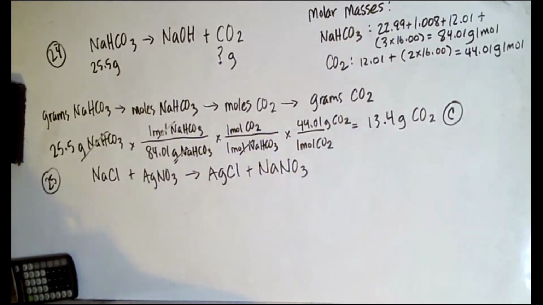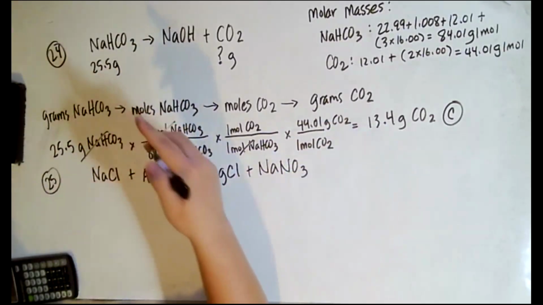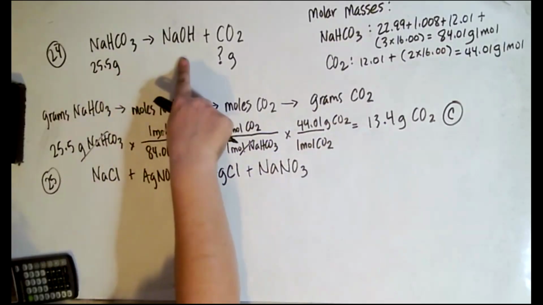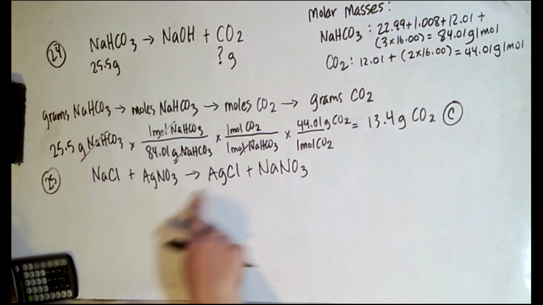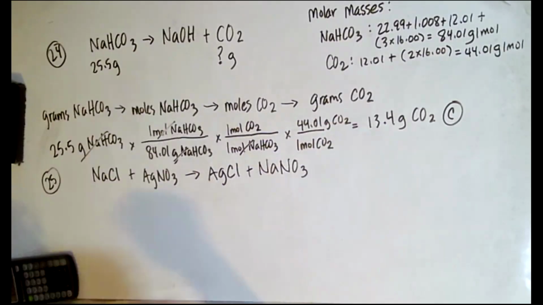Like was mentioned in the question, this is another example of a decomposition reaction. This is an example of a double replacement reaction. So again, it's really good to recognize those when you see them.